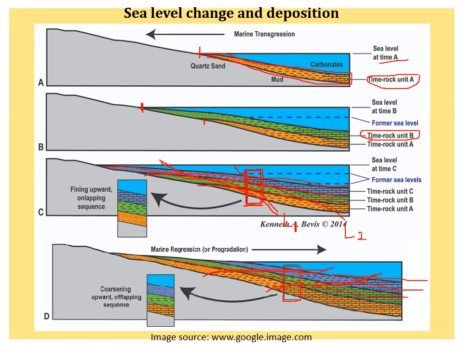Another important thing that can be explained from this picture is how you identify transgression and regression from a succession. Here you can see that when sea level is changing, your sedimentary deposition is encroaching more towards the landward part, and in a vertical column you will get grain size gradually decreasing from sand to shale to limestone.